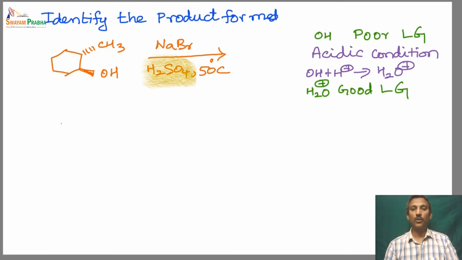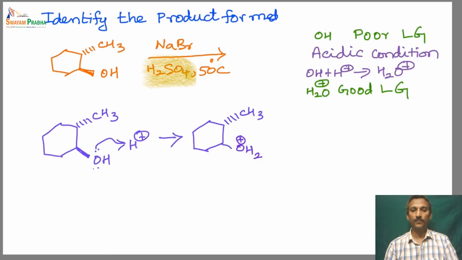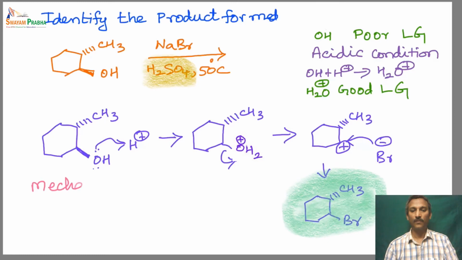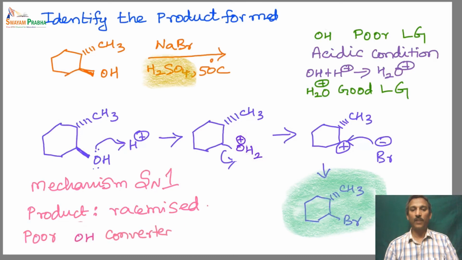So let us look at the individual steps in this particular transformation. The entire mechanism is written here. Now you can go through it step by step. In the first step, the lone pair of electrons on the hydroxyl oxygen bonds to the H plus, that is the proton.